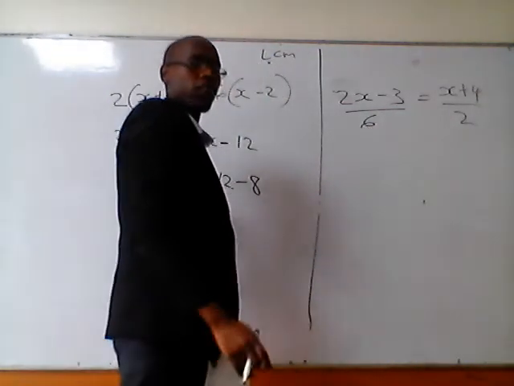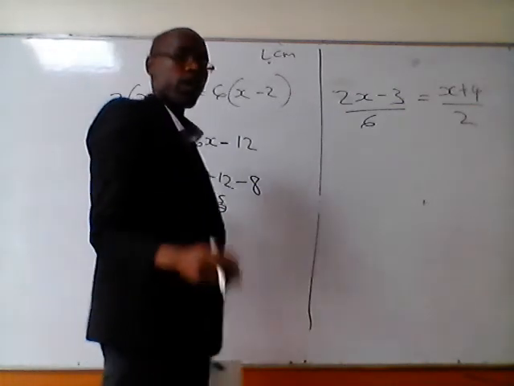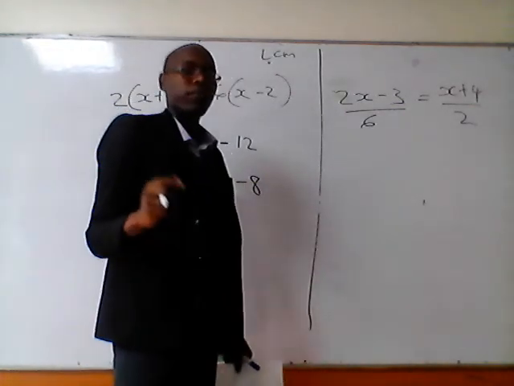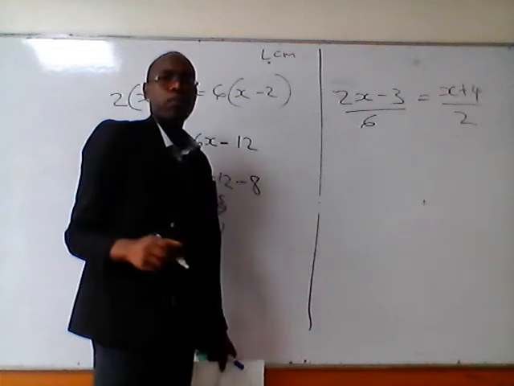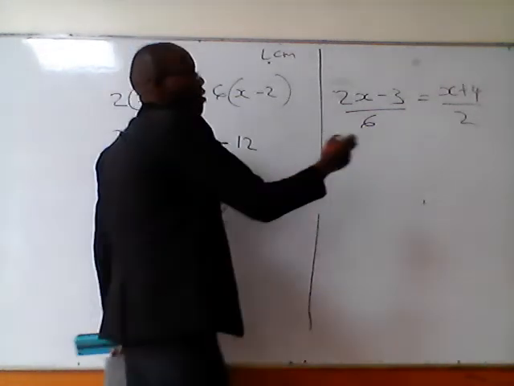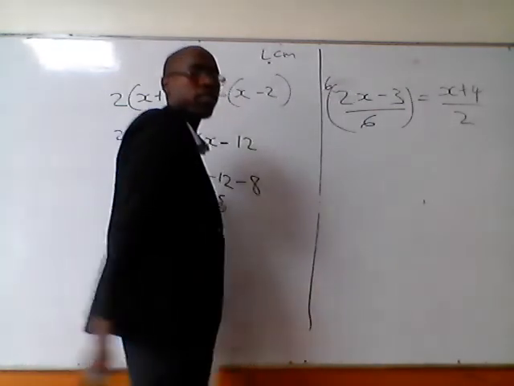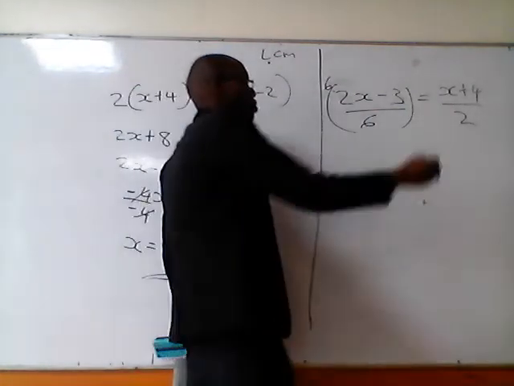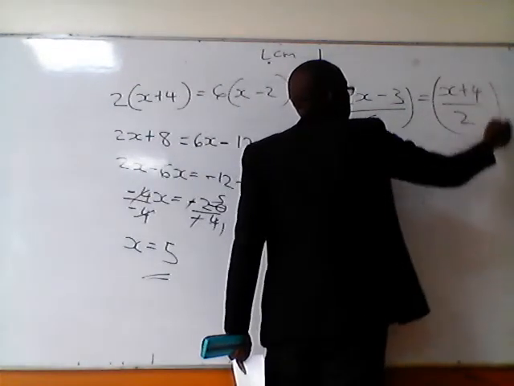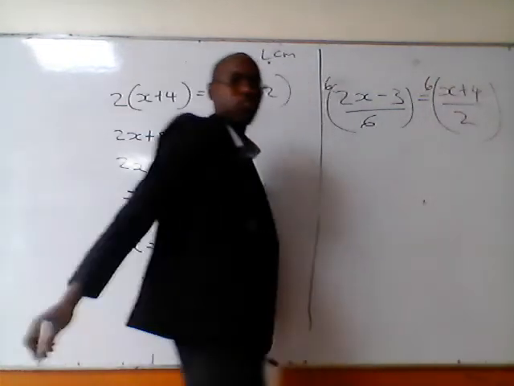So we are going to multiply both sides by the LCM. And multiplying both sides by LCM is going to be this way. So we are going to multiply by 6 in this kind of particular side, and then we also multiply by 6 in that kind of particular side.